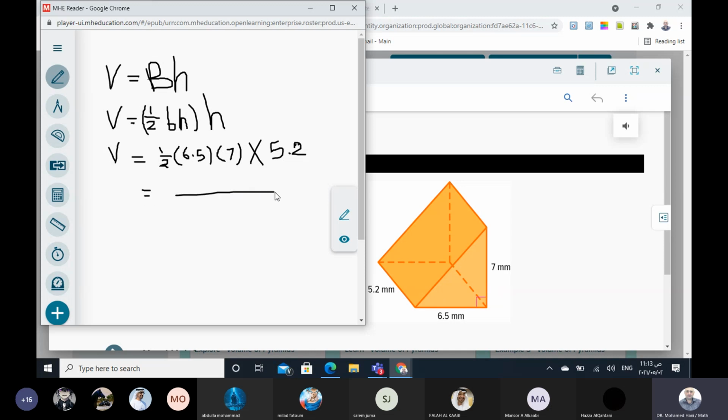How to solve the product here? We have 1 times 6.5 times 7 times 5.2 divided by 2.